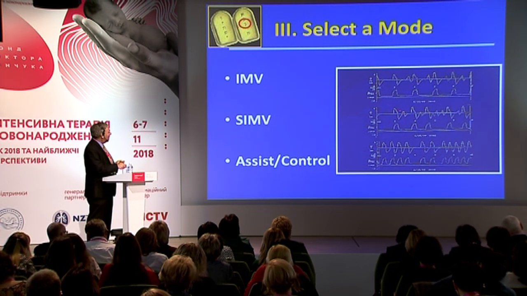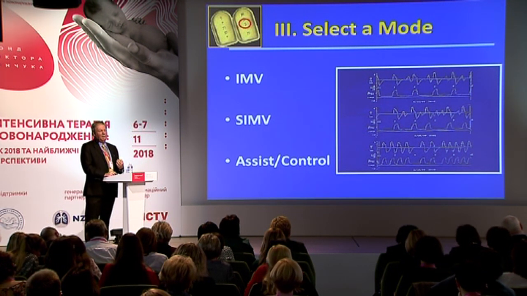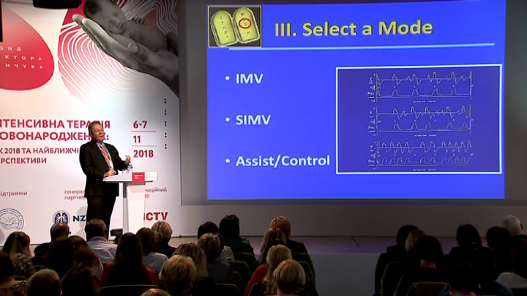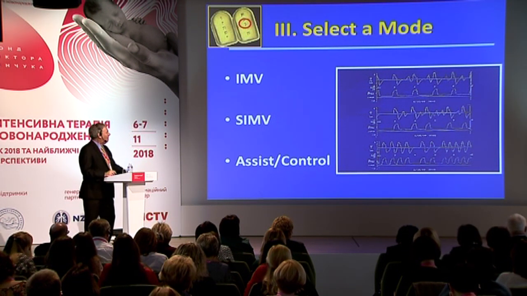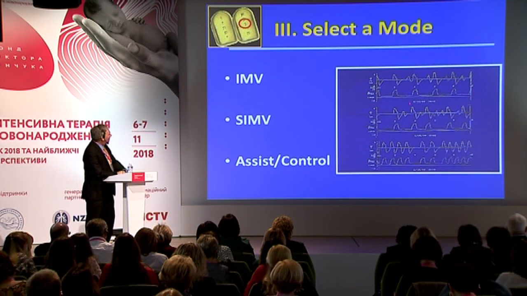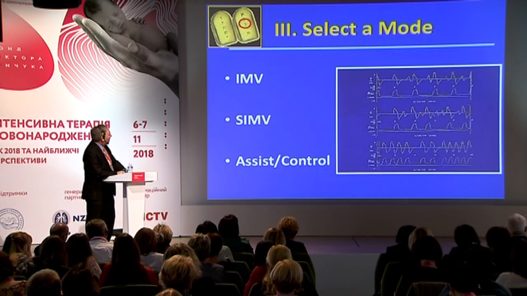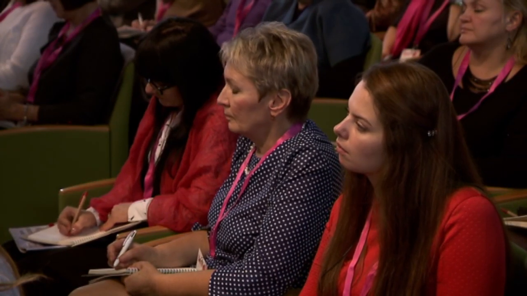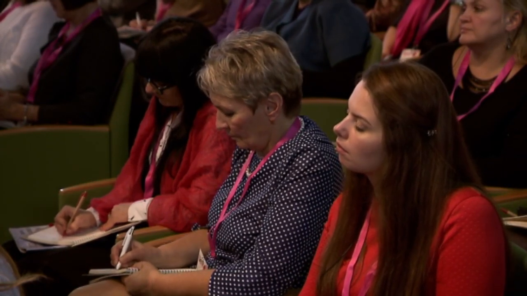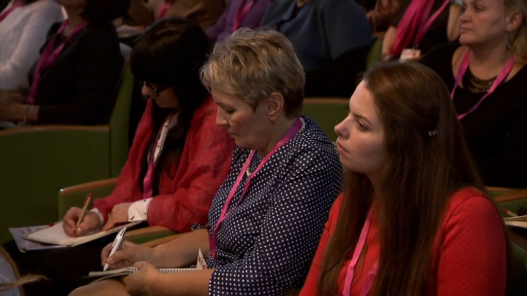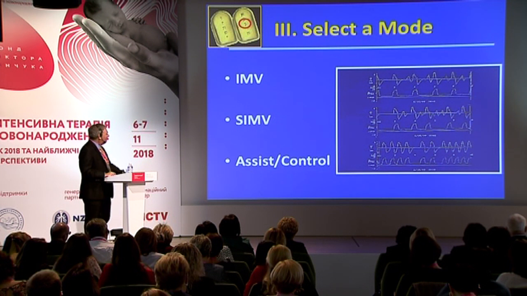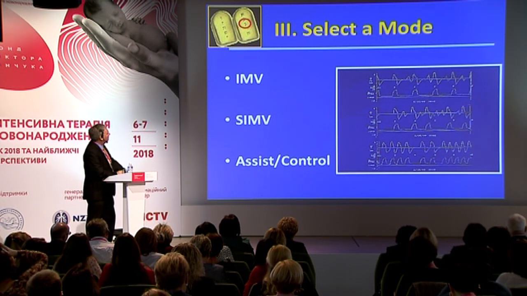So at least we can synchronize the onset of the patient's breath with the onset of the mechanical breath and decrease the level of asynchrony. But there's still the same problem that in between, when the baby is locked out from triggering the ventilator, you see some feeble spontaneous breaths that are only supported by the level of positive end expiratory pressure.